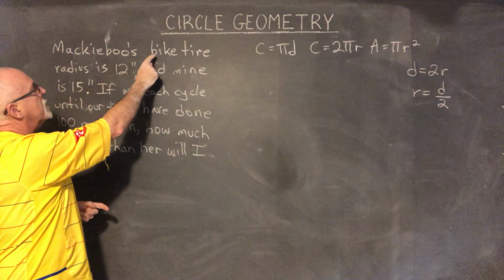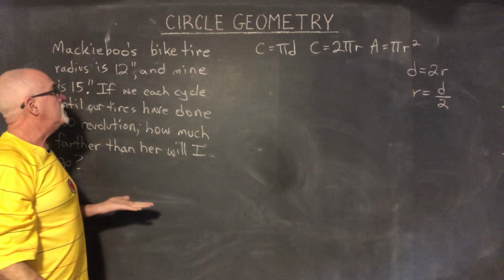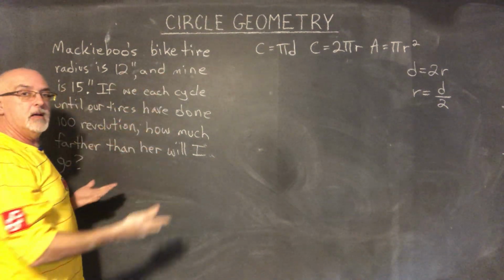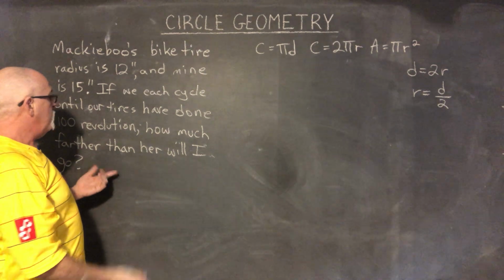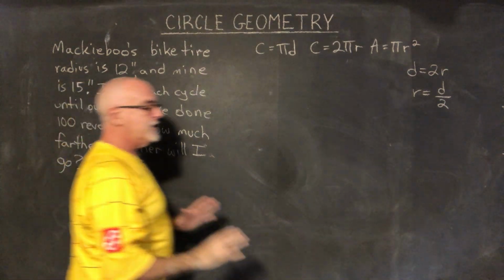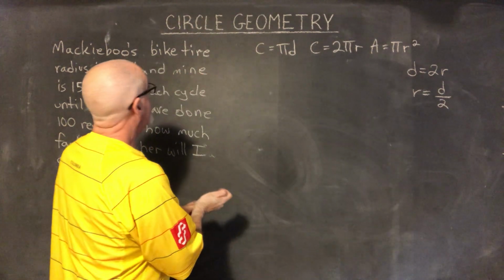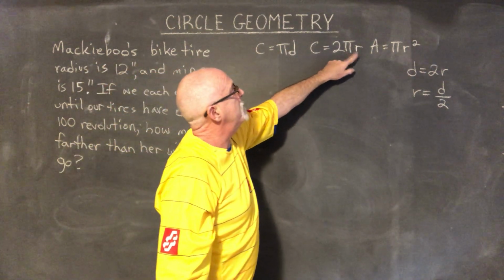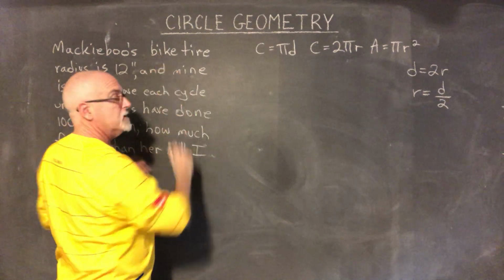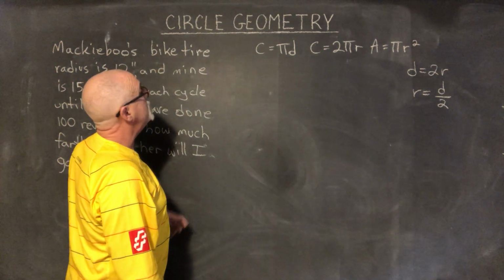So we can figure out the circumference of both of these bicycle wheels because we know both of the radiuses. And then we can do the rest of the problem. So I think we need to get into the circumference of a circle formula. And we're using this version of it with the r, because in both cases we were not given the diameter, we were given the radius.